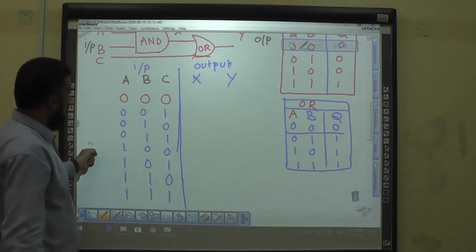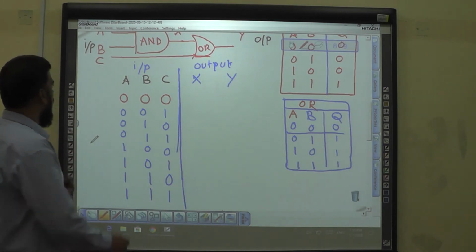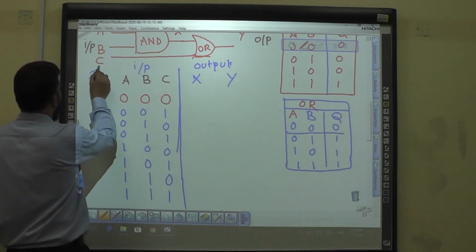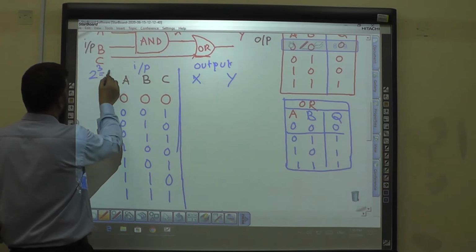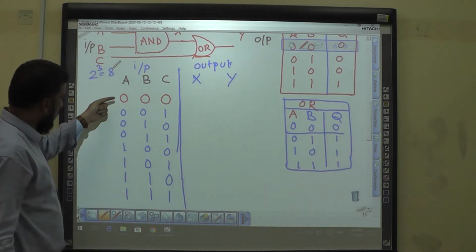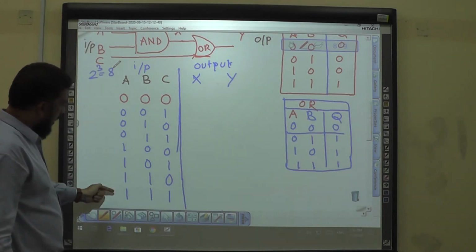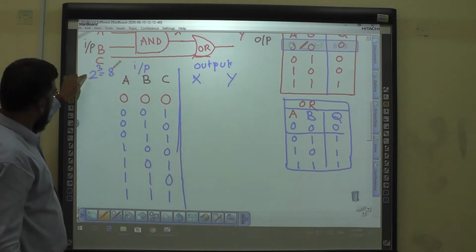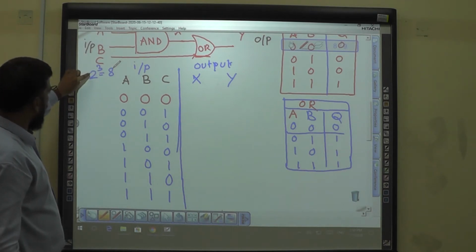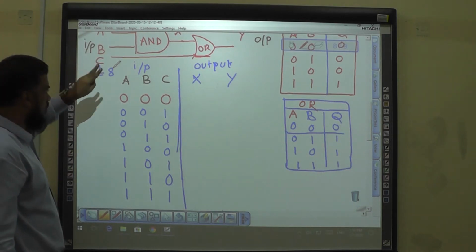How can we find out the number of combinations here? By 2 power 3 inputs. So we have 8 combinations: 1, 2, 3, 4, 5, 6, 7, 8. Here we have the combination as 2 power 3. It is a binary number, only 2 numbers, 0 and 1.